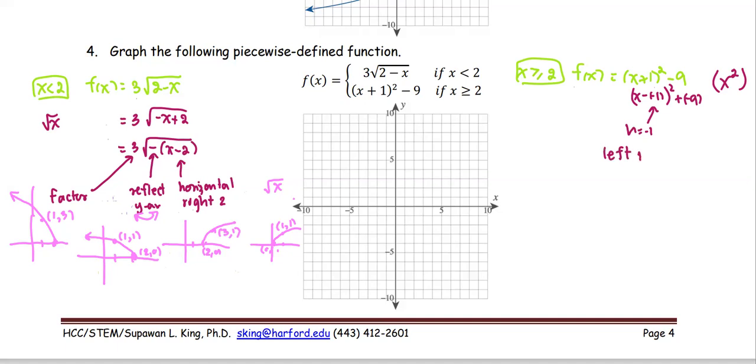And adding negative 9 tells us about the vertical shift, 9 units downward.